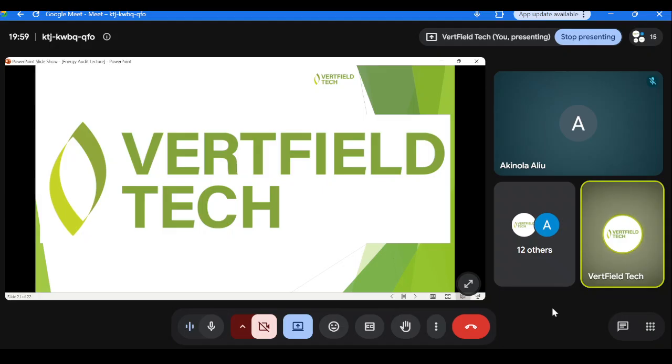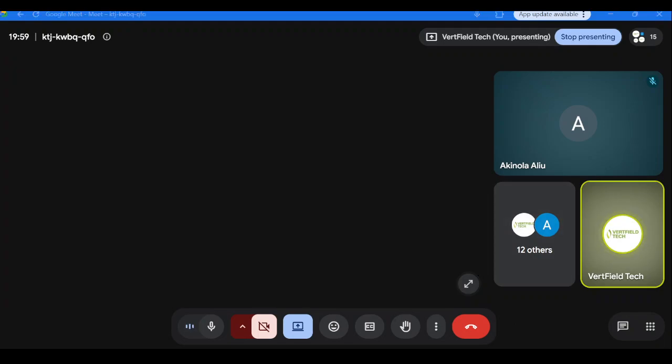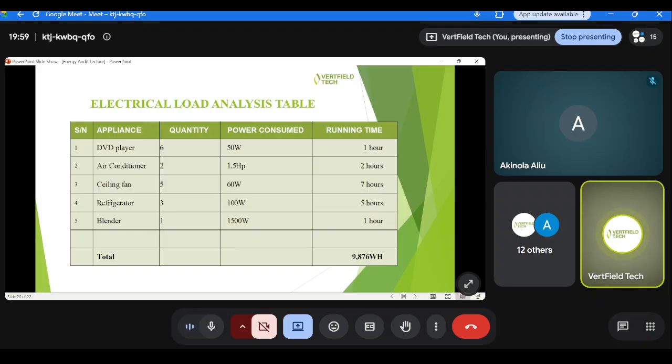So we are now going to use that information from the energy audit to size the various solar components, like we said. We are now going to size the inverter system using 9,876 watt hour.